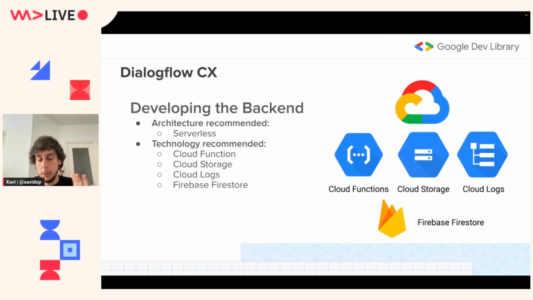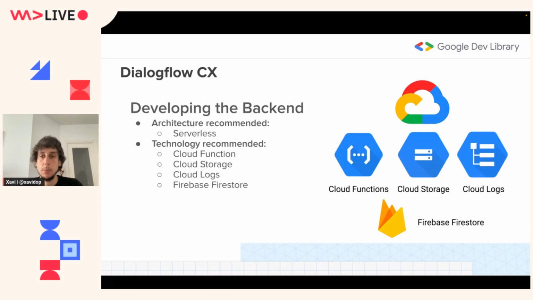We are under the Google Cloud ecosystem, and the technology recommended is Google Cloud Functions, which is the Google Cloud serverless service. So what you are going to deploy there is just functions.